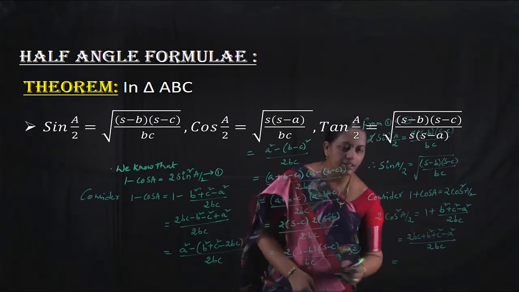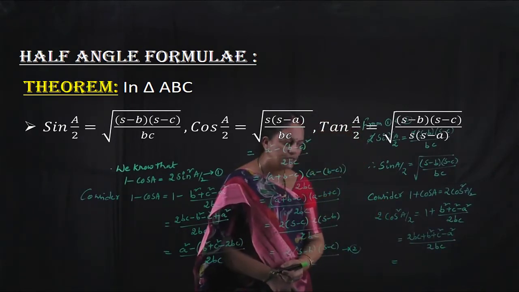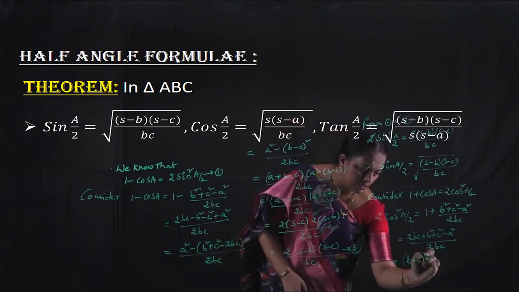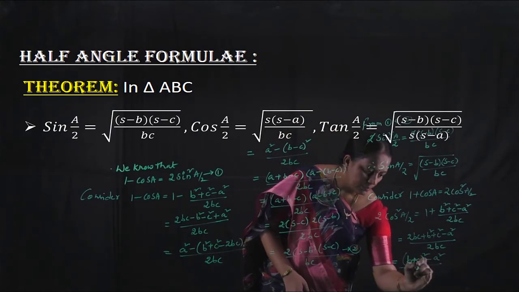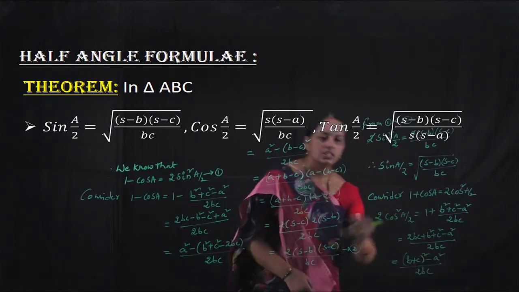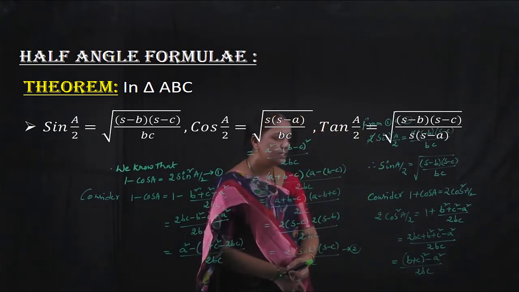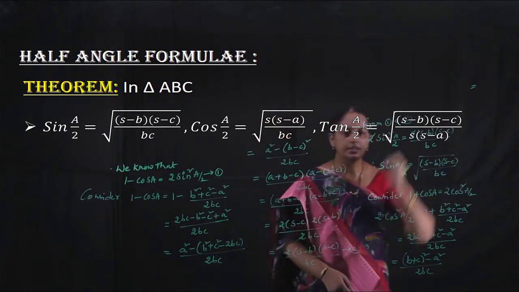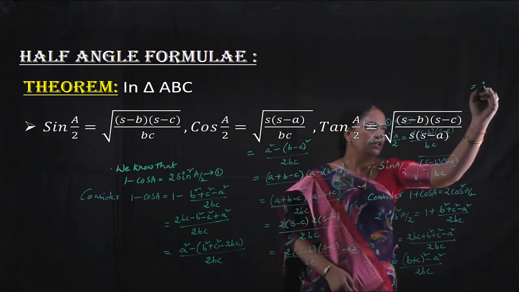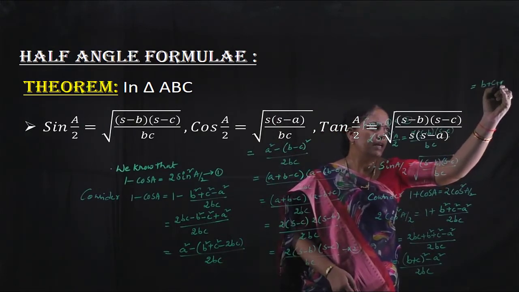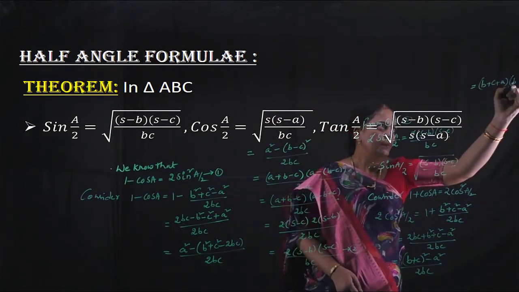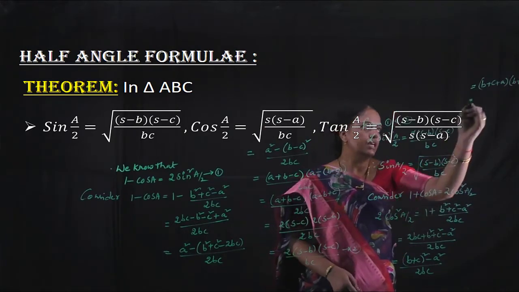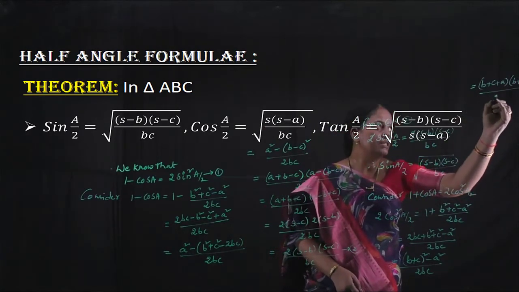It can be written as (b plus c) whole square minus a square by 2bc. It is in the form of a square minus b square, that means (a plus b)(a minus b). So, that is equal to (b plus c plus a)(b plus c minus a) by 2bc.